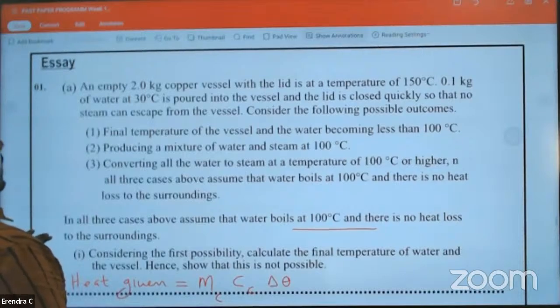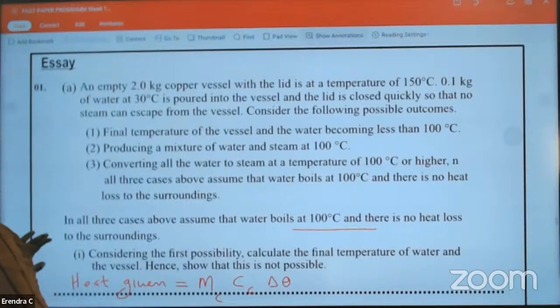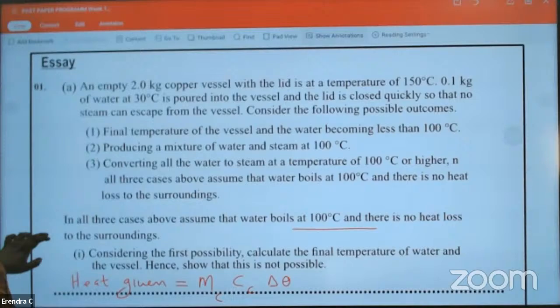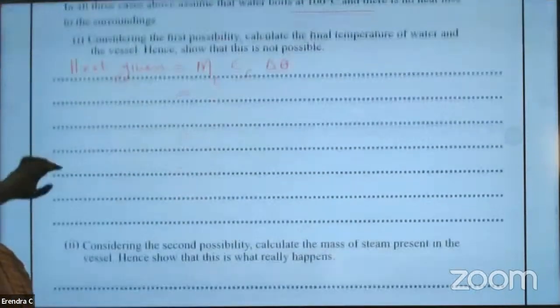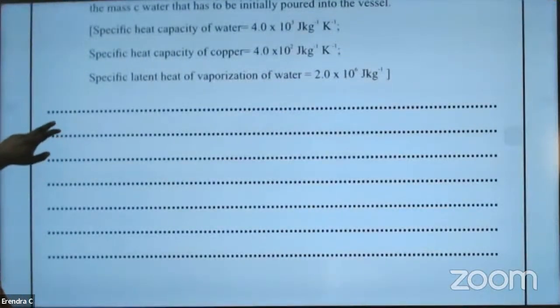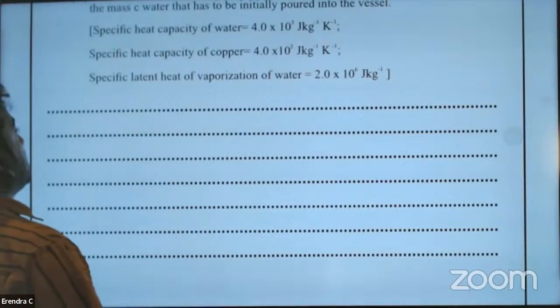Initial temperature 150. Water becoming less than 100 degrees. Specific heat capacity of copper 400. Latent heat of vaporization 2 times 10 to the power 6. Specific heat capacity of water is 4000.